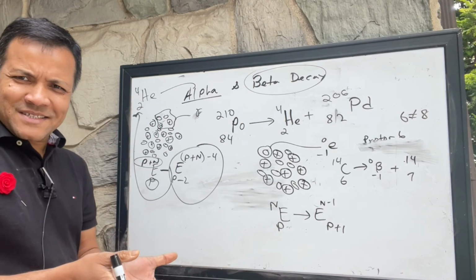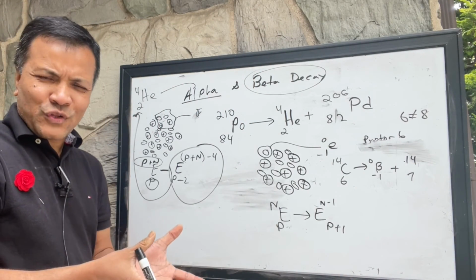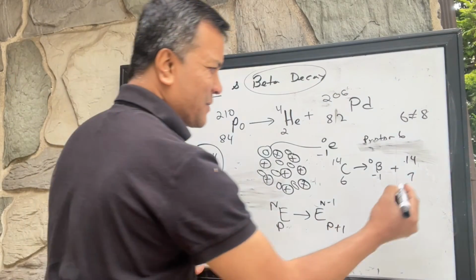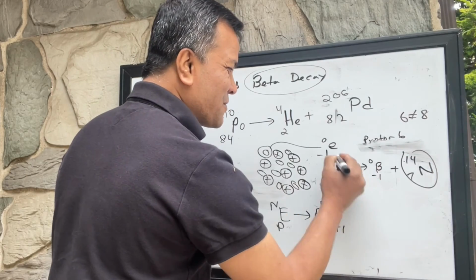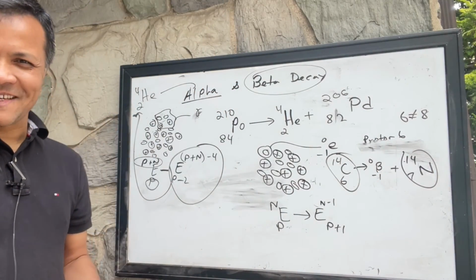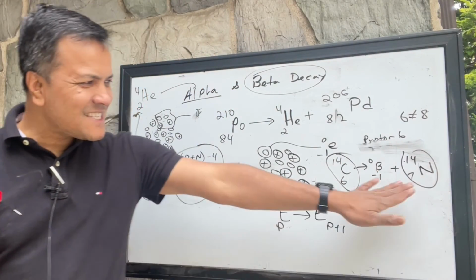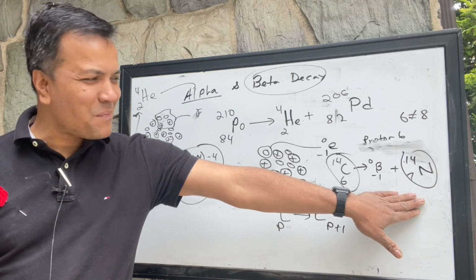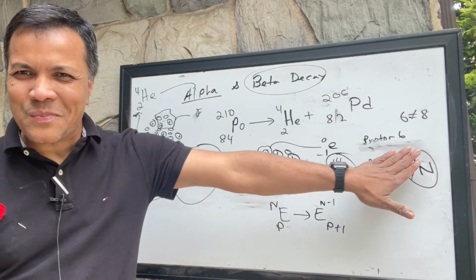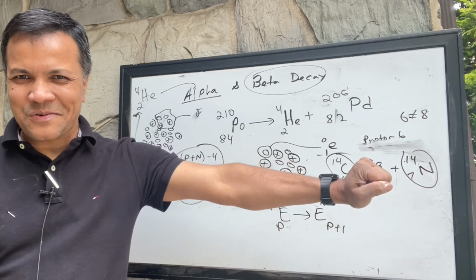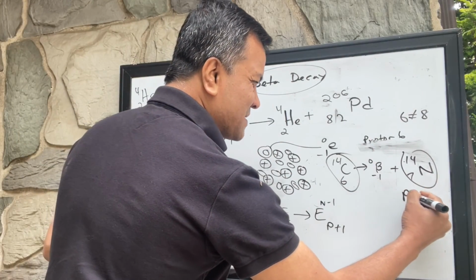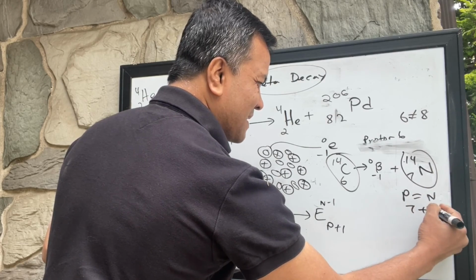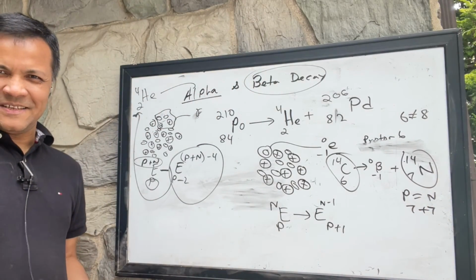Now what element has a proton number of 7? Nitrogen. So carbon 14 becomes nitrogen. And is this happy? Yes, super happy, because the number of protons is equal to the number of neutrons. 7 plus 7 is equal to 14.